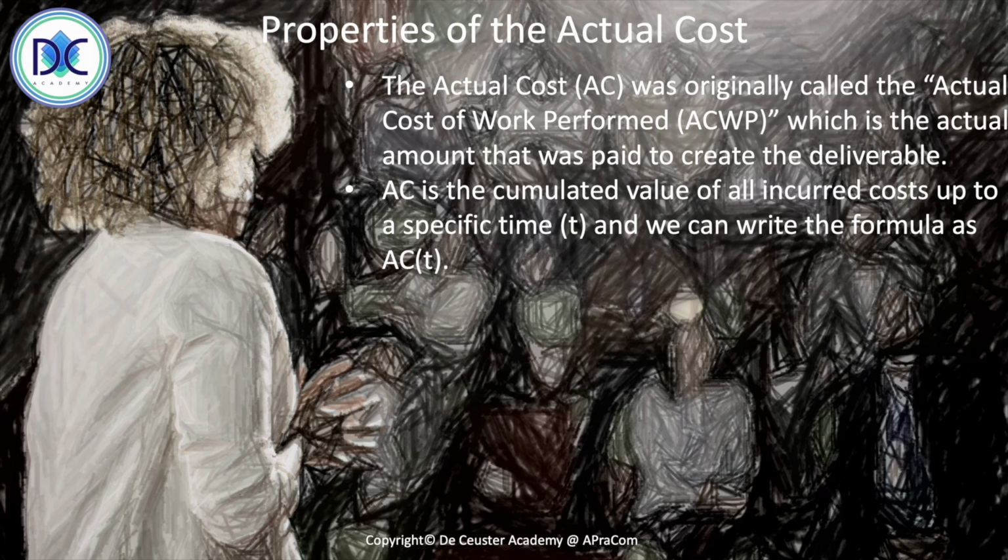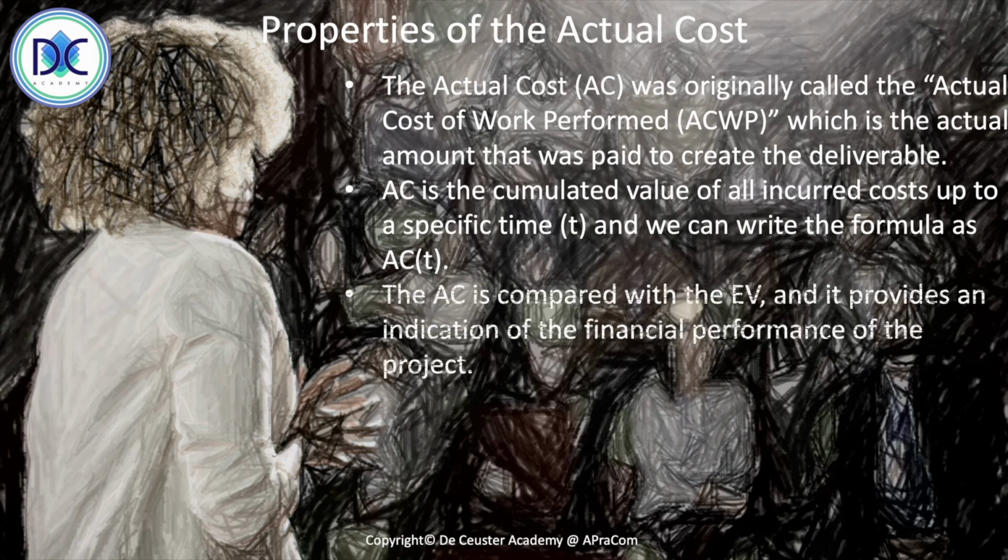We compare the actual cost with the earned value, and it provides an indication of the financial performance of the project. We can now see how well we are using our budget. Are we doing it well, or are we underperforming and spending more than we originally planned?